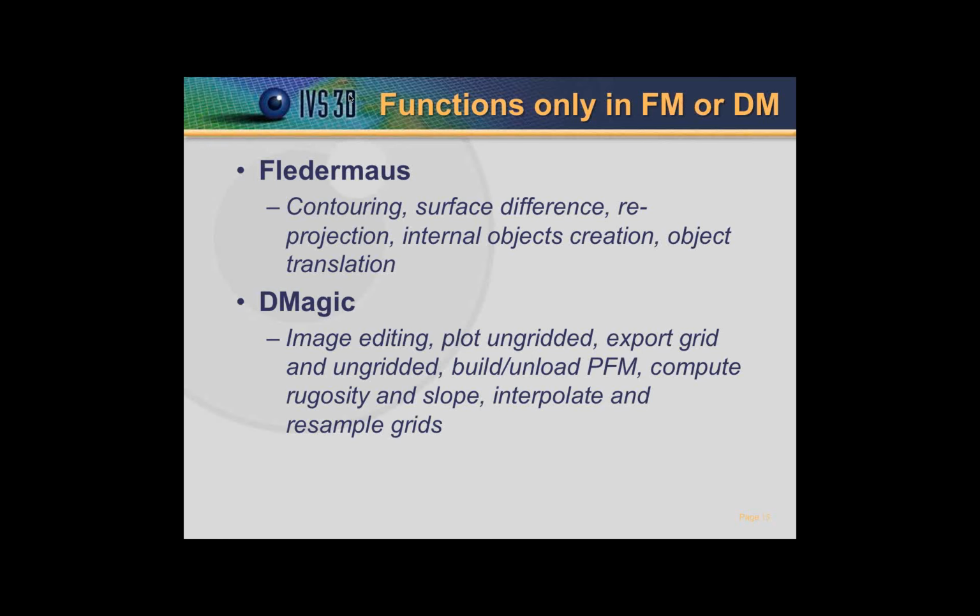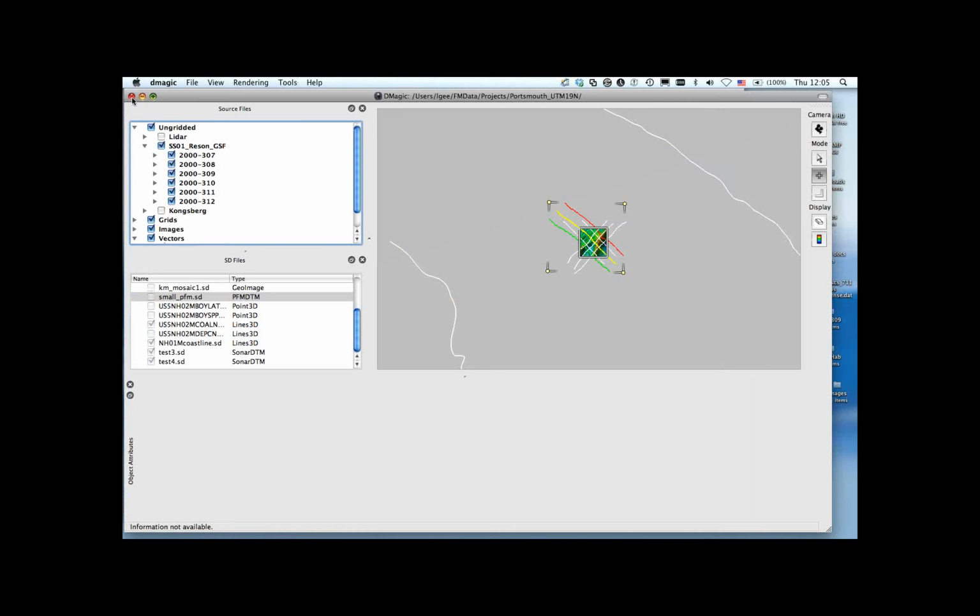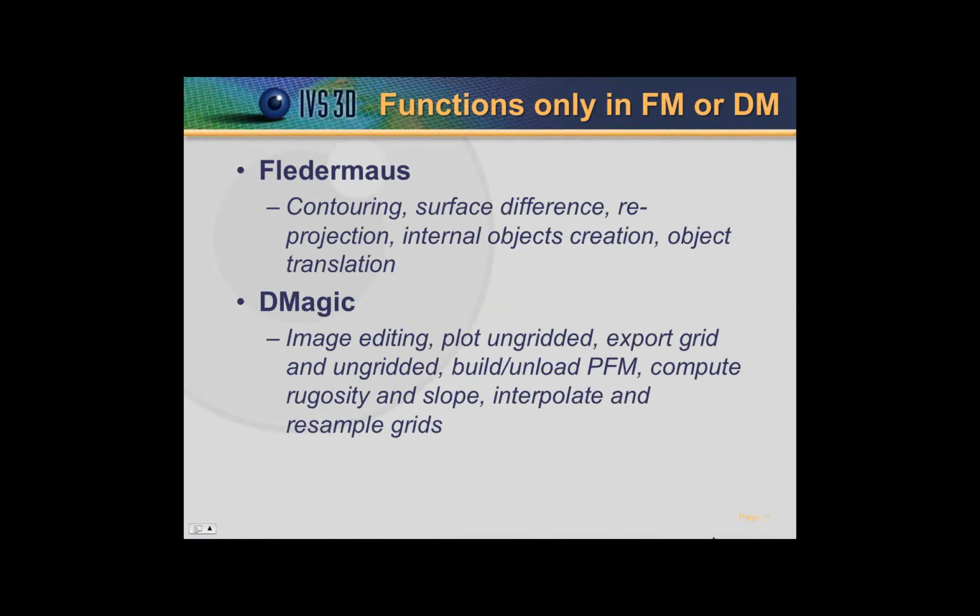So that's within there. Within DMagic, as I said, is the only place to do image editing. And people who know us from before, we used to have an image editor, and I'll just escape out of there, sorry.